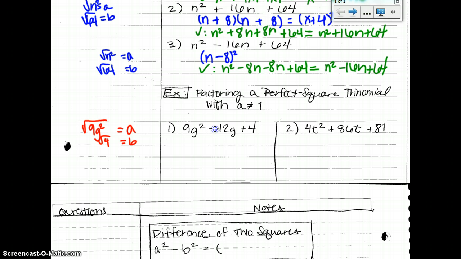We do have a subtraction sign here, so we're going to use that second formula. A squared minus 2ab plus b squared equals the quantity a minus b squared.